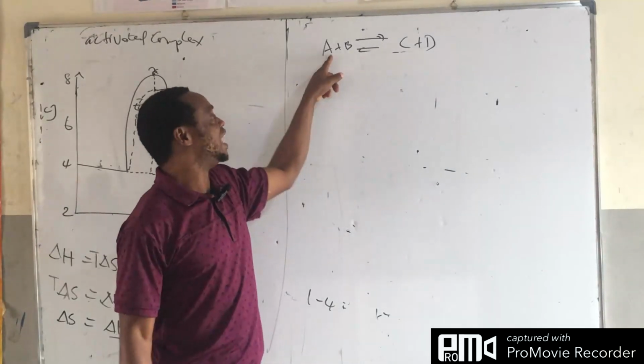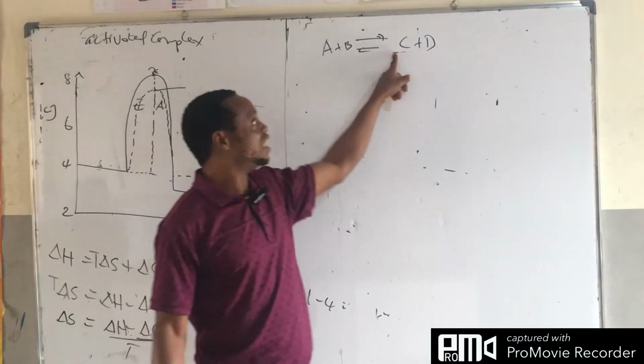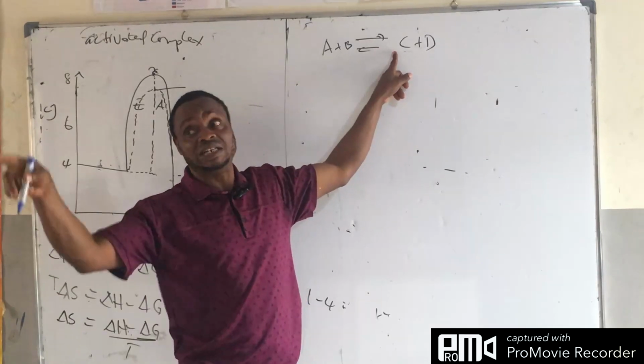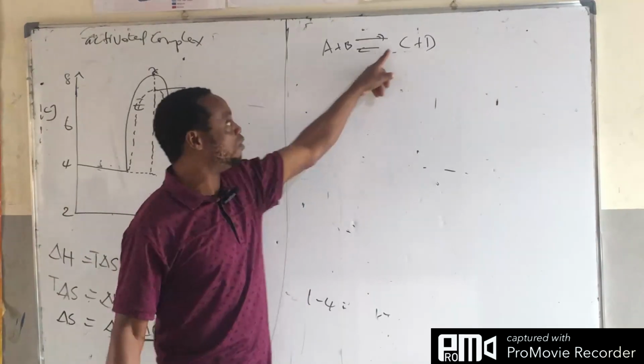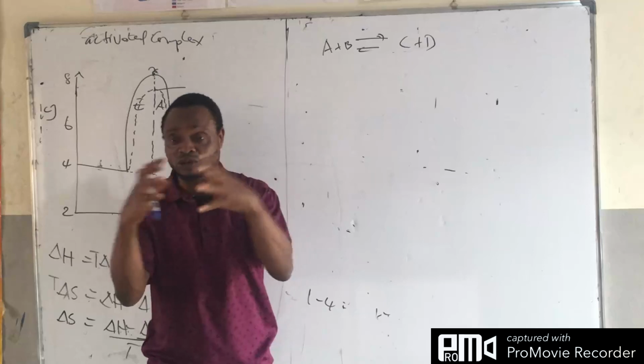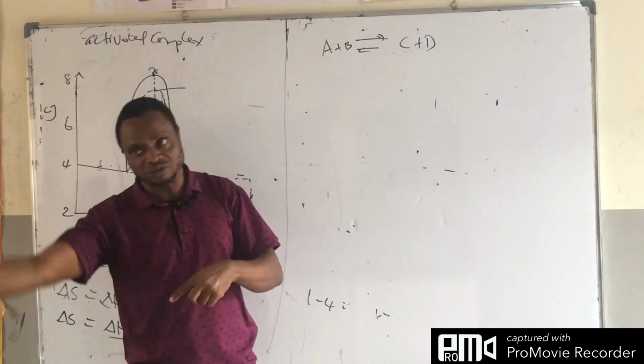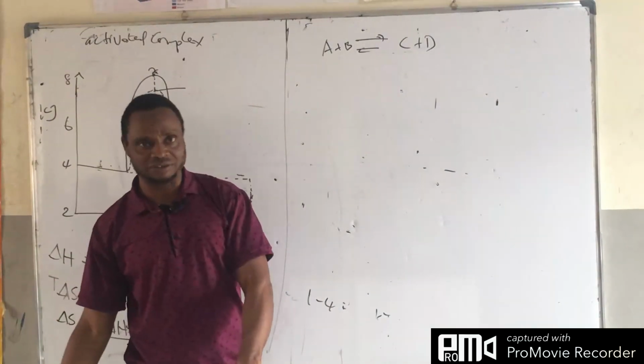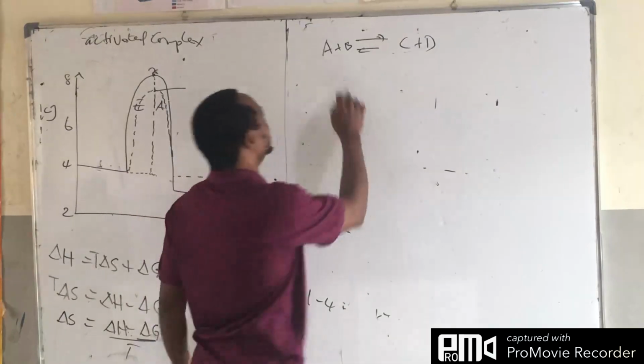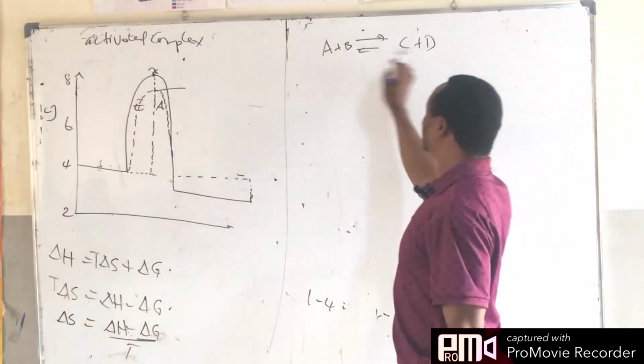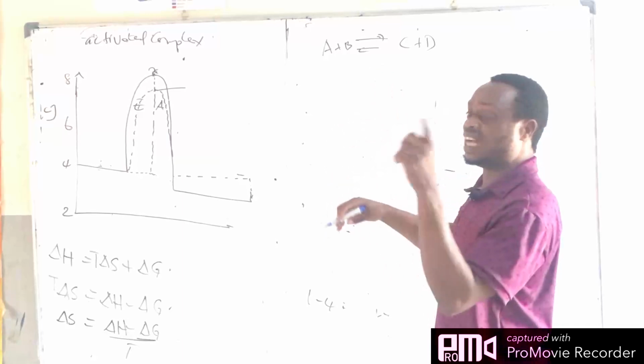If A and B react to give you C and D, and it is done in a closed system, to have a perfect equilibrium, it must be done in a closed system, where nothing goes out and nothing comes in. In this case, as soon as the A and B finish reacting, the C and D begin to decompose.